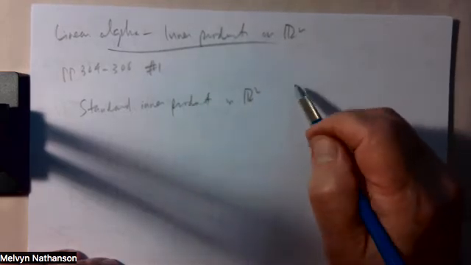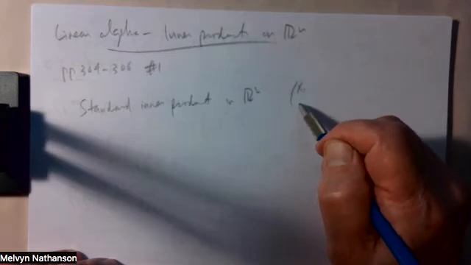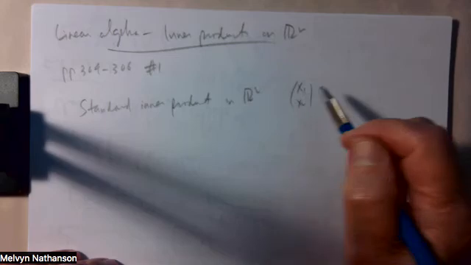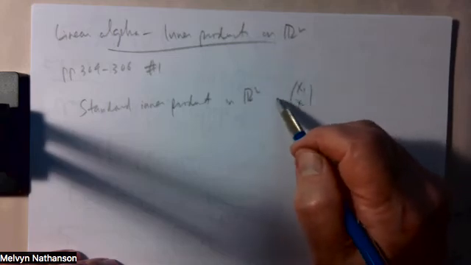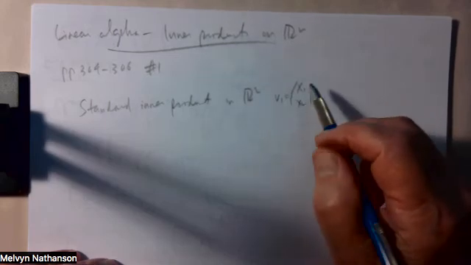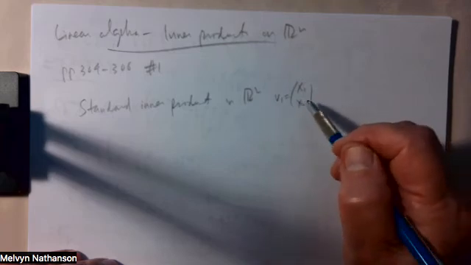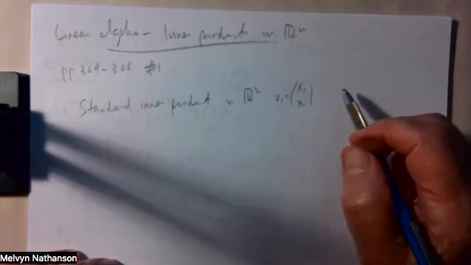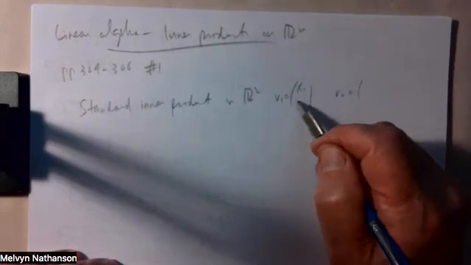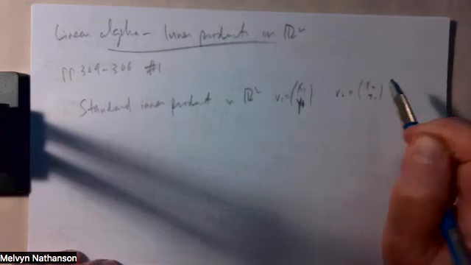If you take a vector v1, it doesn't really matter what coordinates we use, I'll call this (x1, y1), and v2 is (x2, y2).